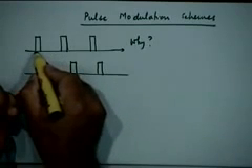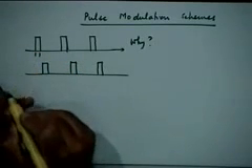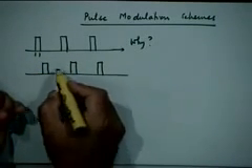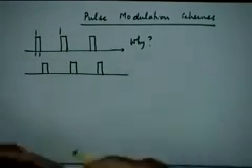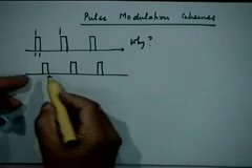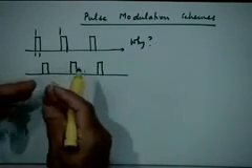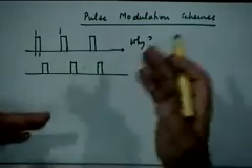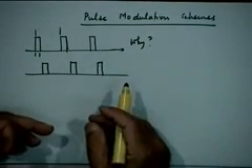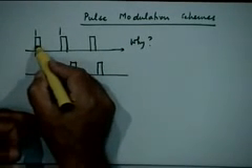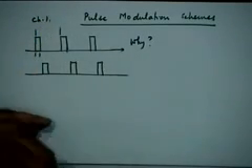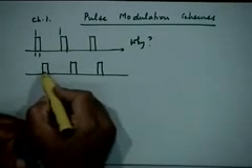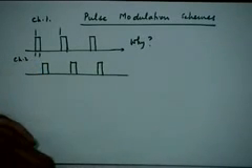Depending on how narrow a pulse width you can make, and how much time interval you have between two pulses, that is how frequently you have to transmit this information, you can multiplex in the time domain many such informations one after another. So during this time interval you're looking at information in channel 1, during this time interval you're looking at information in channel 2, and so on.